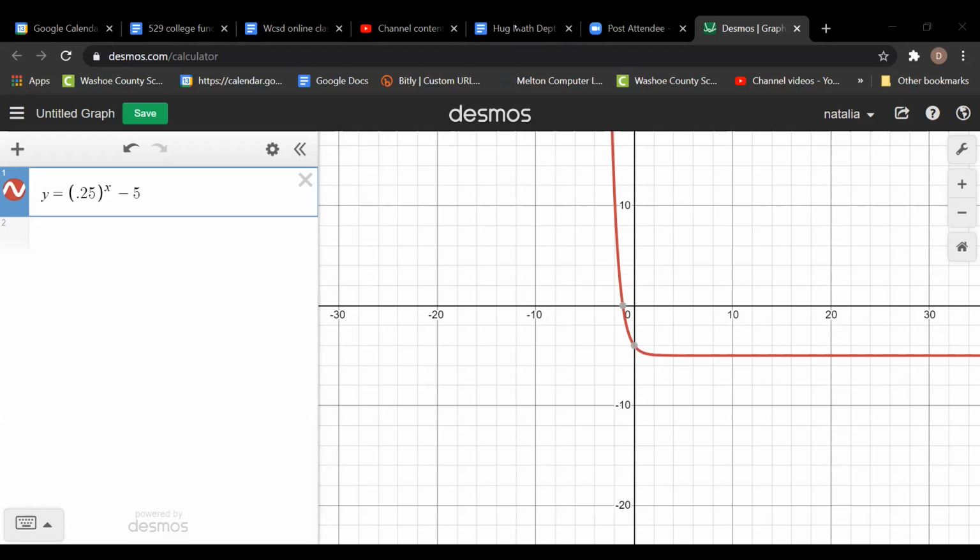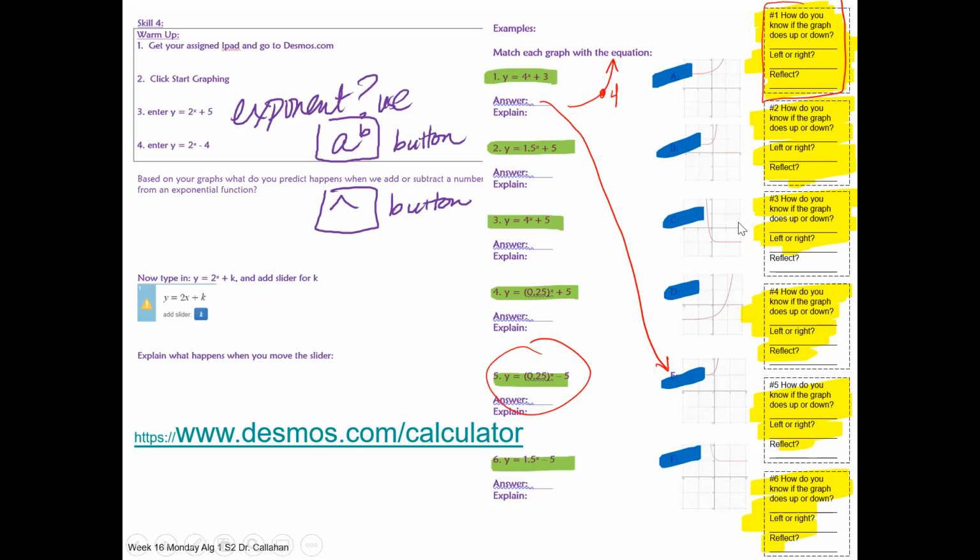It starts at negative 4, and then it shoots up and it touches the x-axis at 1. So let's go ahead and give that a try. So it starts at 4. Oh, you know what? It looks like it's this one right here. So then this one goes to this one right there.